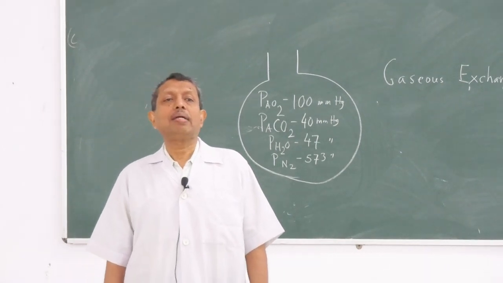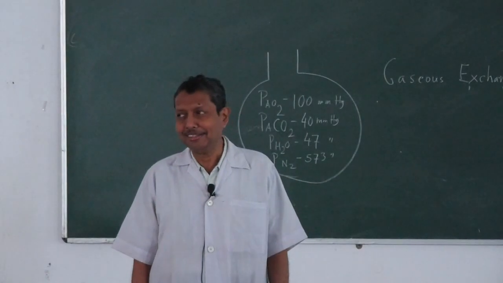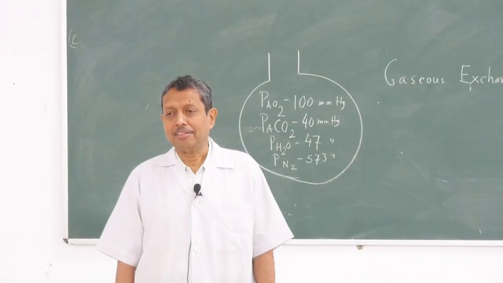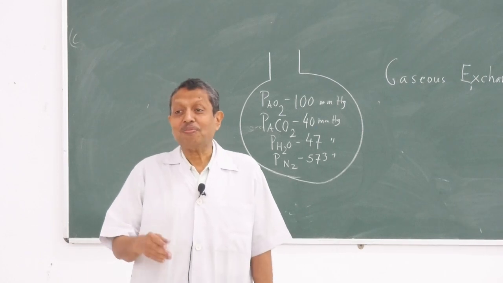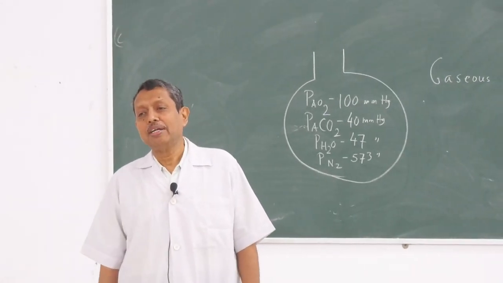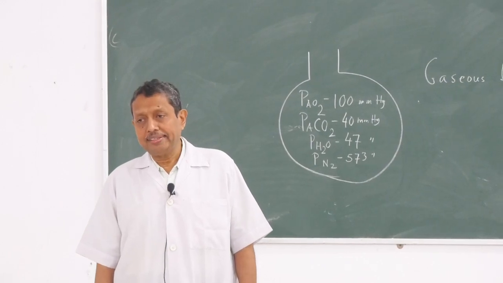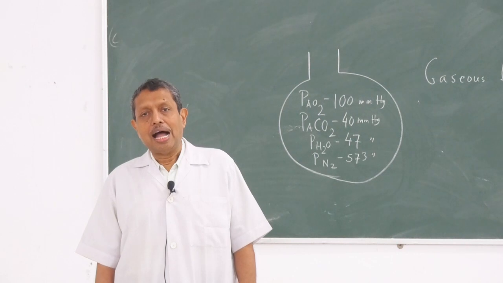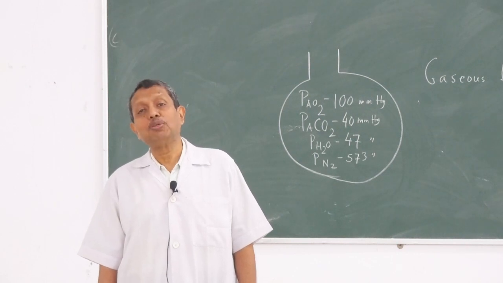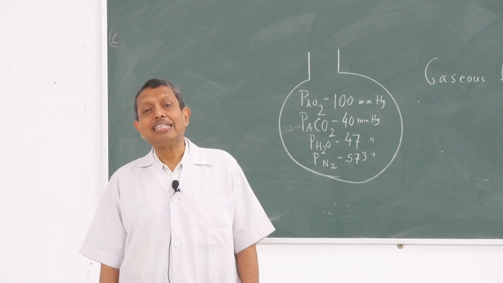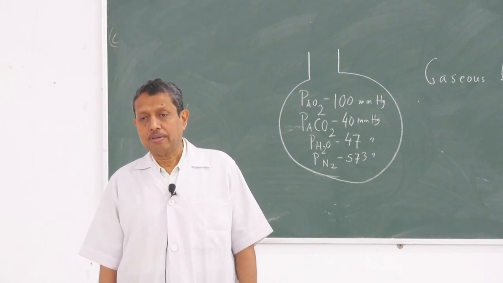The volume of air remaining in the lungs after normal expiration is more than 2 liters in a young adult, and it is called functional residual capacity, and in this there is alveolar ventilation.